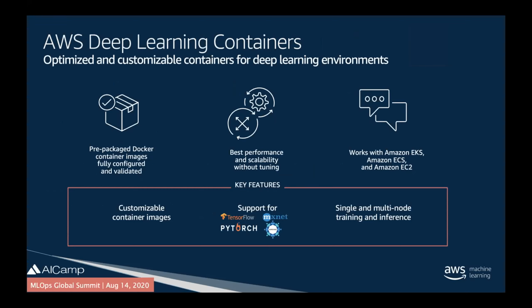So there are prepackaged container images you can use and then customize to whatever needs you might have. And they are highly optimized in terms of performance and scalability already, and support a lot of different frameworks, whether it's TensorFlow, PyTorch, MXNet. You can do single and multi-node training and inference.